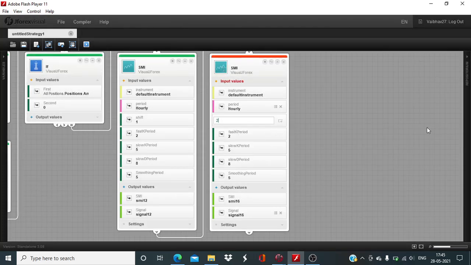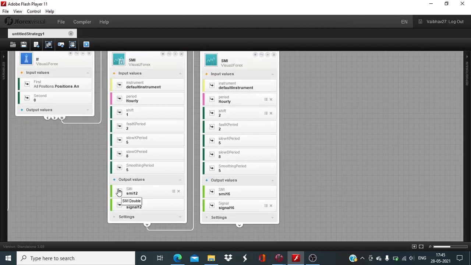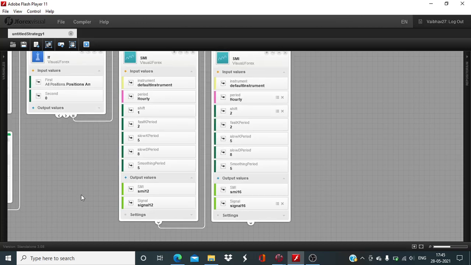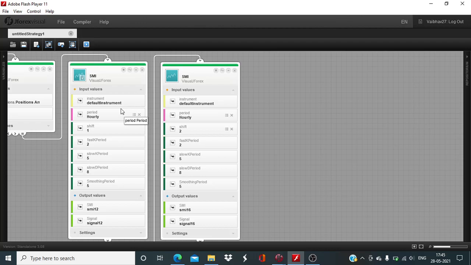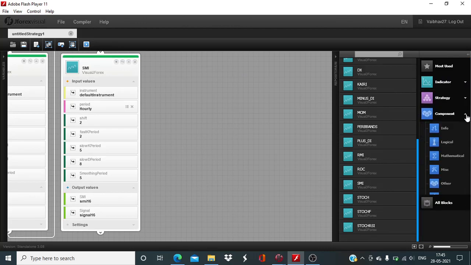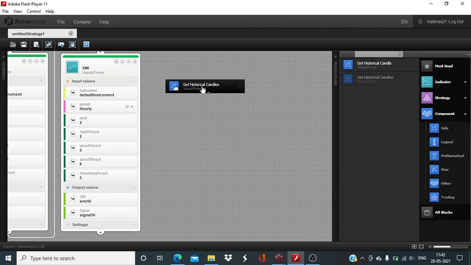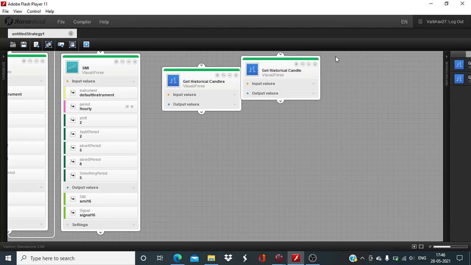Value of 2 for this. As we are going to use the crossover structure, we will be needing to compare these output values amongst themselves as well as with the prior time period. So we are going to need two of these blocks, and then we will be also using the info components, the get historical candle cluster and the single get historical candle.